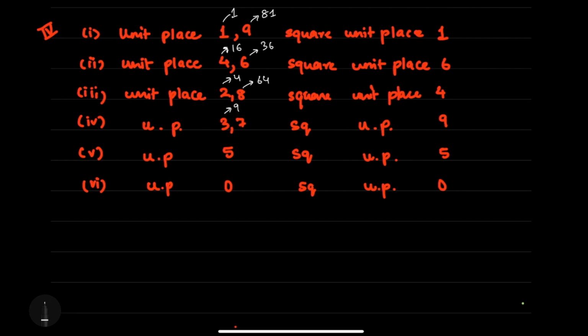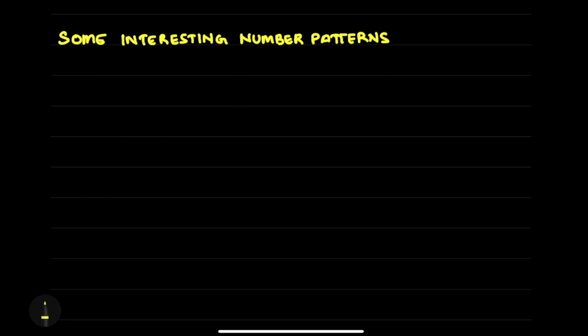For 3 we have 9, for 7, 49. For 5 we have 25, and for 0 that is 0. That's how it goes, and it holds for any number with the unit place as these numbers. Next up, we are going to talk about some interesting number patterns that come up as we talk about squares and natural numbers.